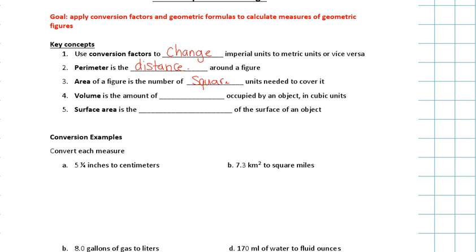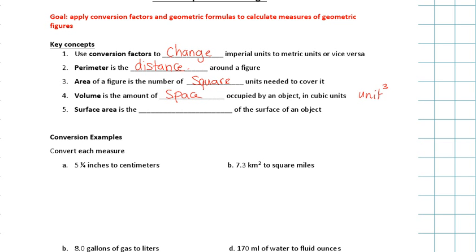The depth is just the measure going down. The volume is more like the space that it takes, right? So the volume is the amount of space occupied by an object in cubic units. So remember that the unit of a volume is the unit to the power of 3.